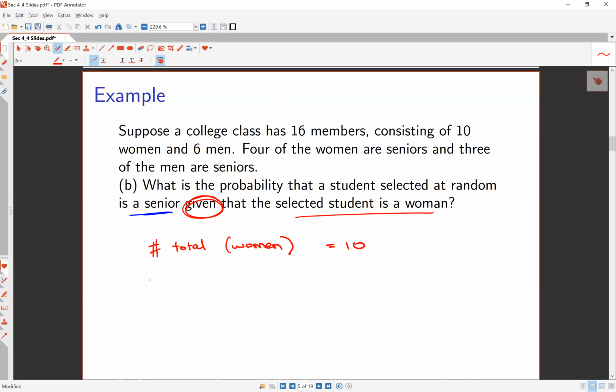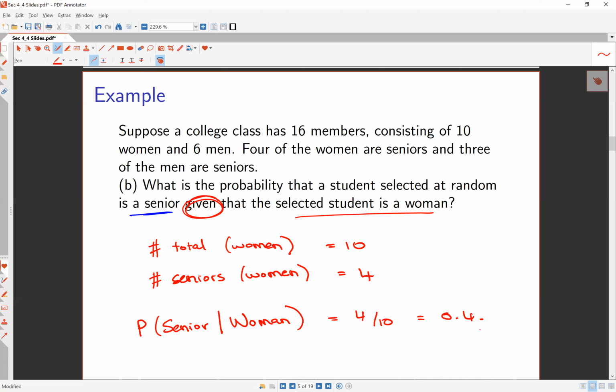We know there are 10. And how many seniors are there that are women? Well, 4. So the probability that a randomly selected student is a senior, if I already know the student is a woman, is going to be 4 in 10 or 0.4.